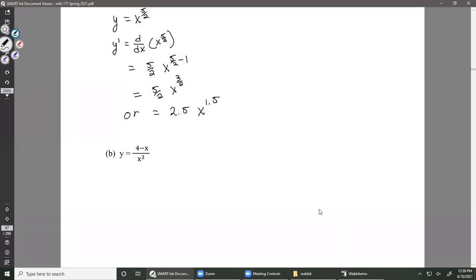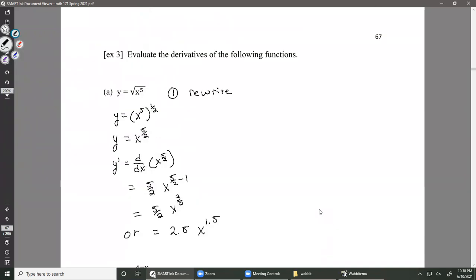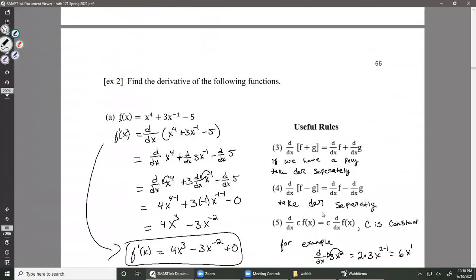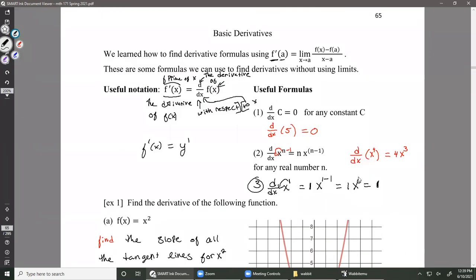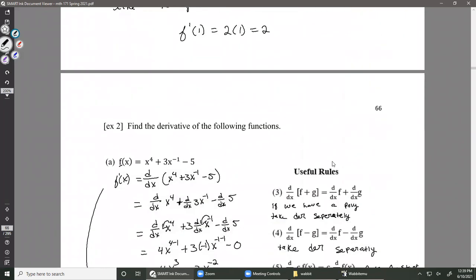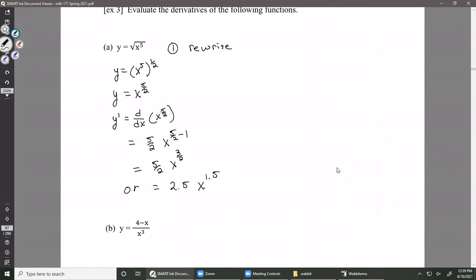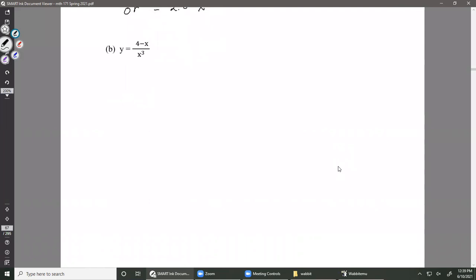But let's look at our rules. So far we only have regular functions and nothing that's being divided. And the x even has to be in the numerator so far. We haven't had anything with fractions in it. So we can't really just take the derivative of the top and divide by the derivative of the bottom.